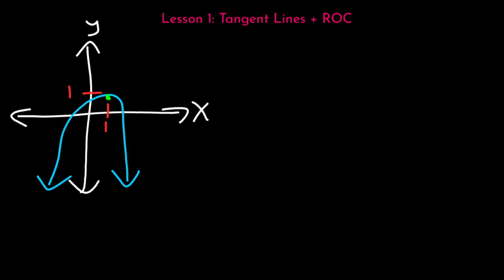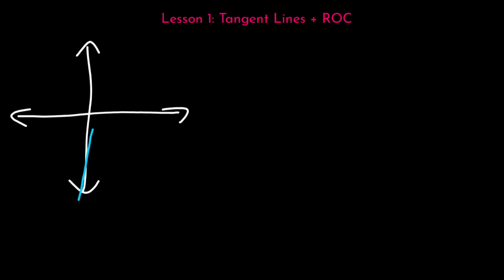Now this is a bad parabola. Let me redo this. Let's do a nice even parabola like that. Now it's still going to be at point 1, 1, right? And if I want to find the instantaneous slope at that point, I'm going to put a tangent line right on it.